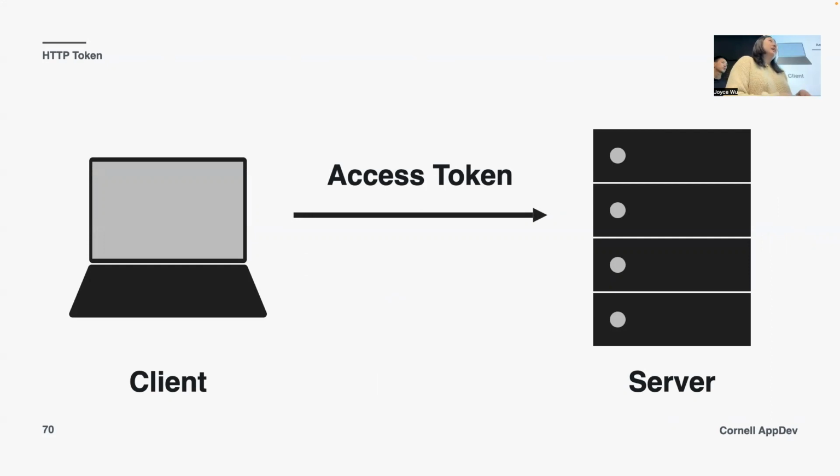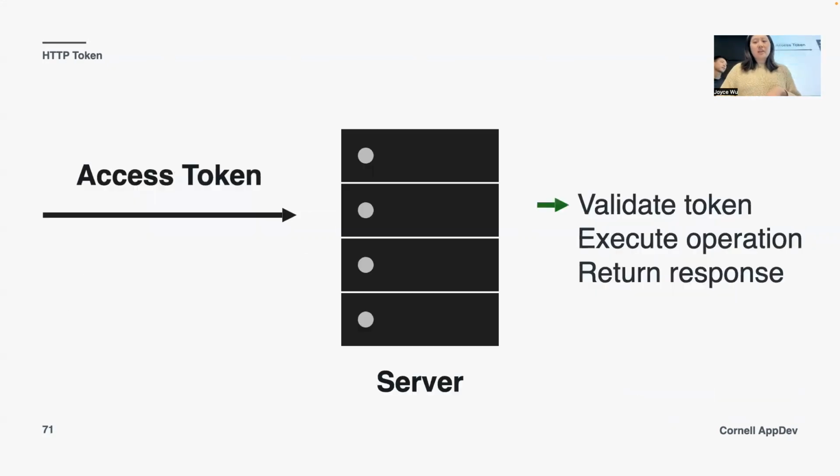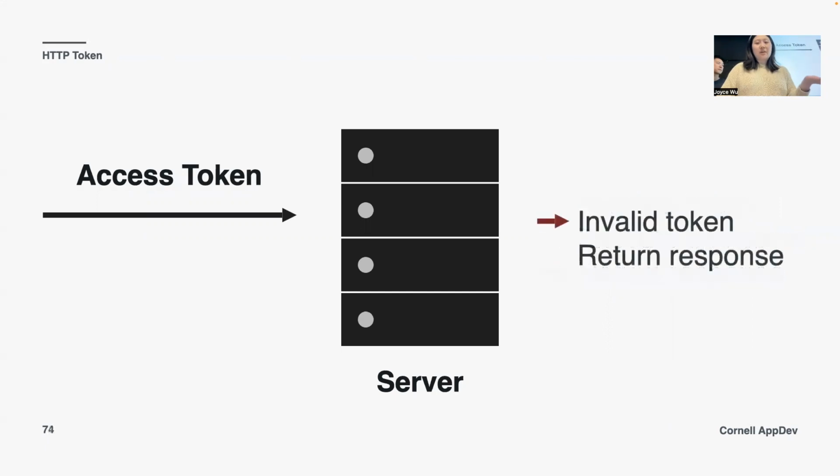Whenever we want to make a secret request, we send the access token to the server. The server then validates the token. Because we associate each token with a user, we can see which user it's associated with, execute the operation, and then return the response. If that token is expired or not right, then we can send a failure response back.